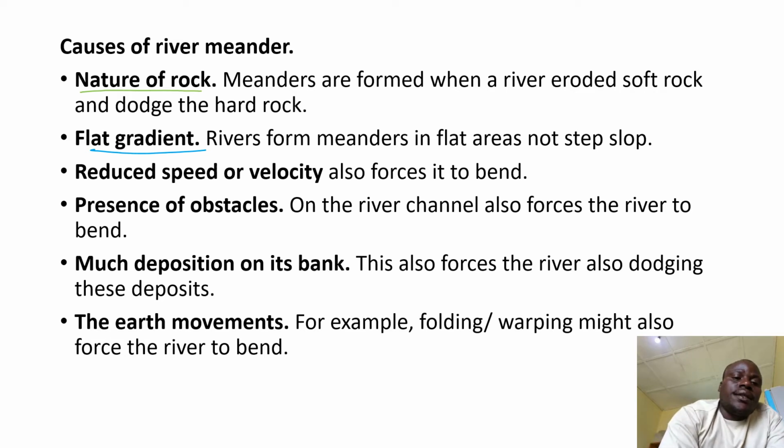Next, the reduced speed or velocity of the river can also help it to bend, because the river is slow. It's not flowing like the other time when it was in the upper stage, and the gradient is flat.